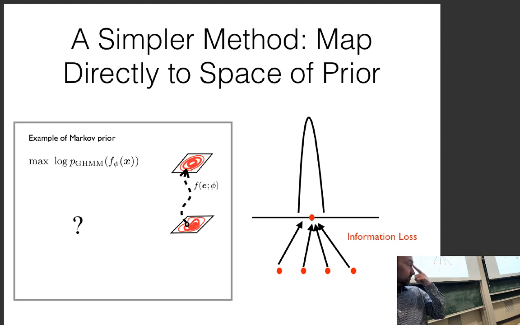And the reason why this is not a good idea is because essentially if you train a model that can do this, you're losing the information about where the point was originally. So you lose the ability to generate the original points, which were the things that a regular generative model would have had to do.